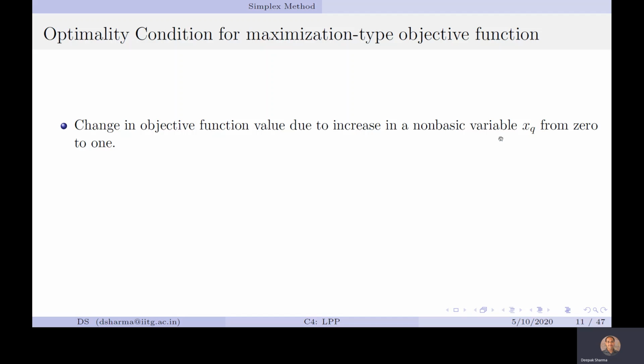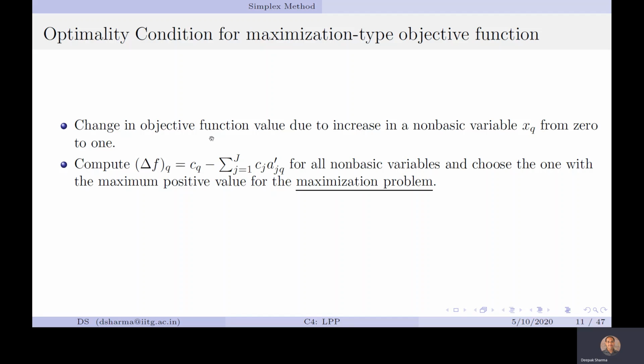But if we are making it from 0 to 1, is it going to affect our objective function? If yes, then we will look for the variable corresponding to the maximal improvement of the objective function. This we can find out by computing this factor, or the value, which is called delta FQ.